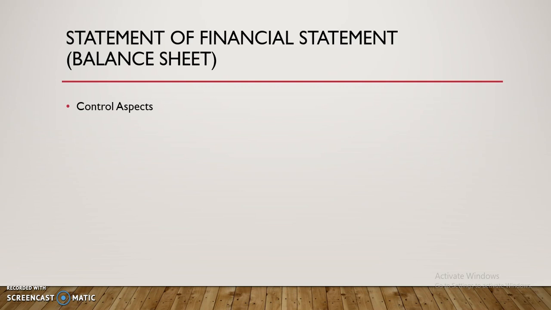Another control aspect from assets is the debtors. For example, you need to be able to look at the aging of how old they have been. Are they old just 30 days or 60 days, or have they been due since 120 days, or have they been due for over a year or over 2 years?